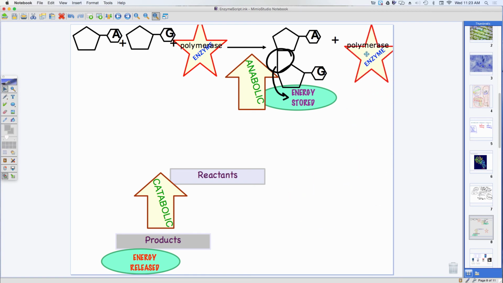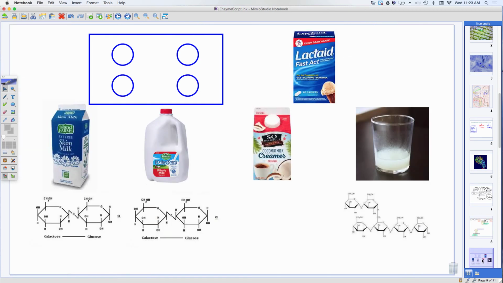And the enzyme never gets used up. It is recycled and ready to do the chemistry again. Enzymes are expensive for your body to make. Therefore, they want to make them only once or a few of them, and then reuse those things.